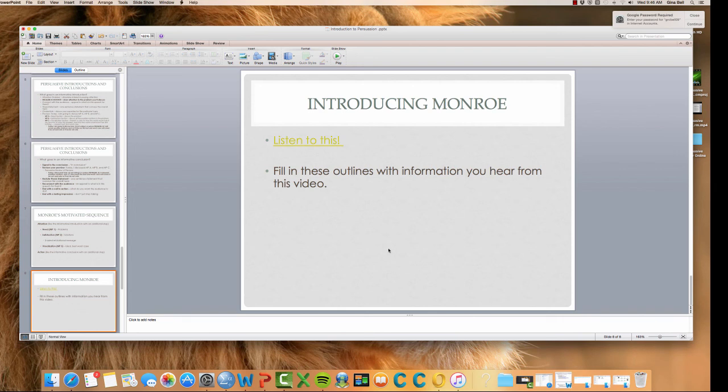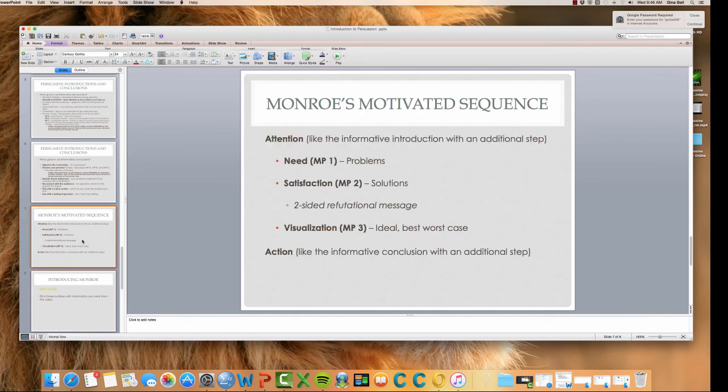And then after you've printed it out, I want you to listen to the Introduction to Monroe's motivated sequence, which is the description about each part of the persuasive speech outline that I've posted for you online.